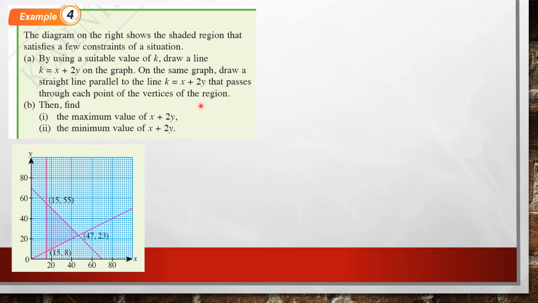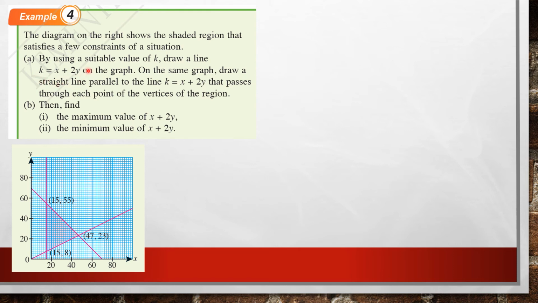So here, now you have an extra variable, that is k. And what is k? K is also known as the objective function. So k here, k equal x plus 2y.